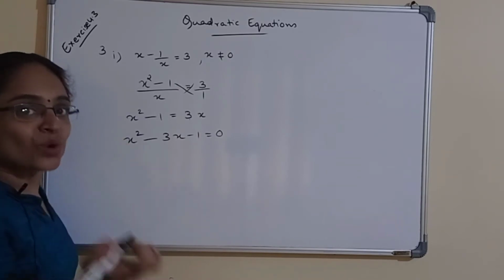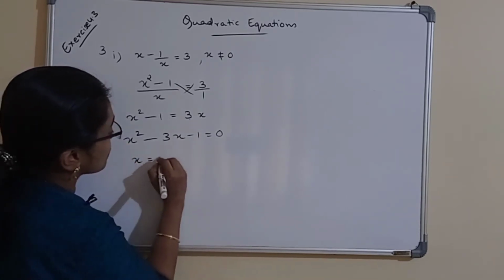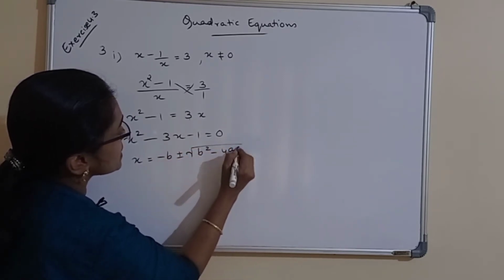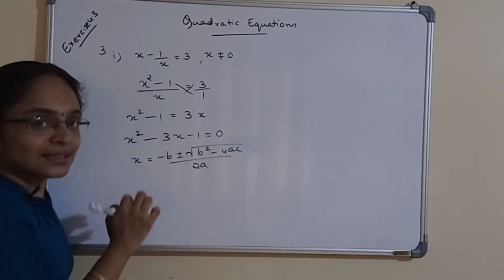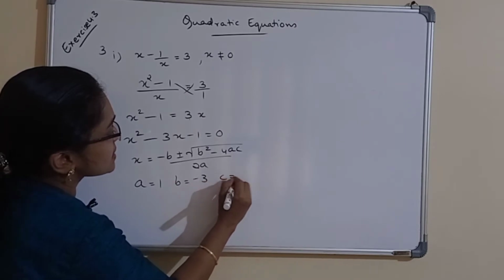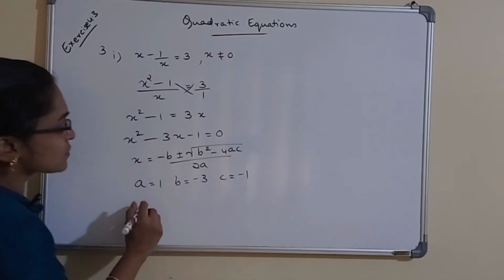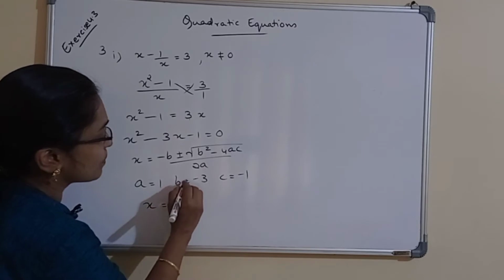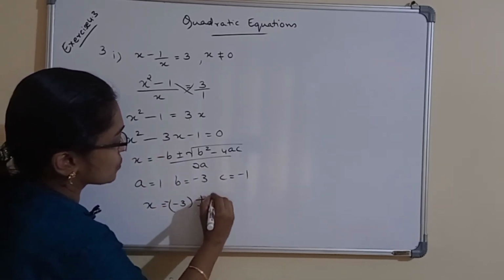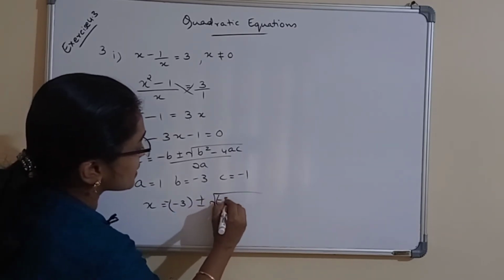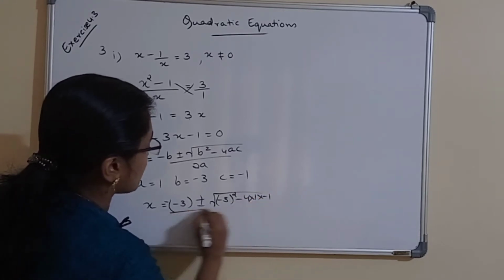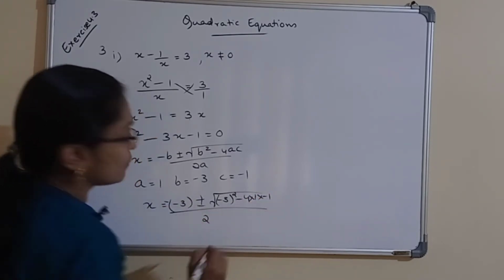Now we can apply the quadratic formula. x is equal to minus b plus or minus root of b square minus 4ac by 2a. And here a is 1, b is minus 3 and c is minus 1. So applying this formula we will get x is equal to minus of minus 3 plus or minus root of b square, minus 3 the whole square, minus 4 into 1 into minus 1 by 2a, 2 into 1.